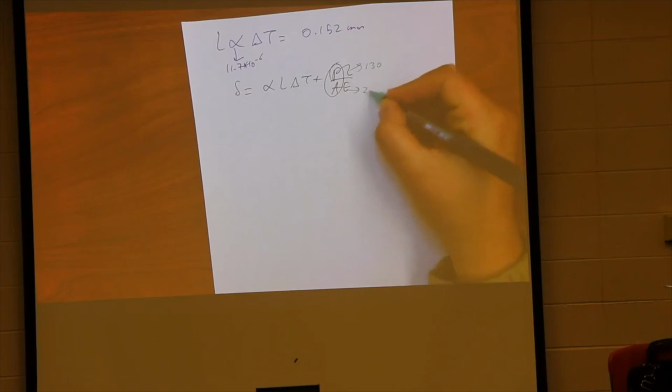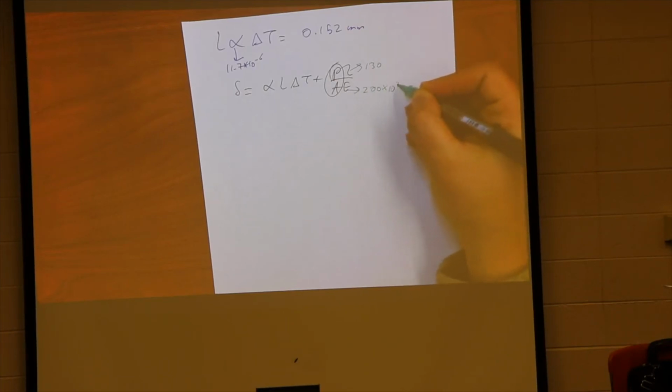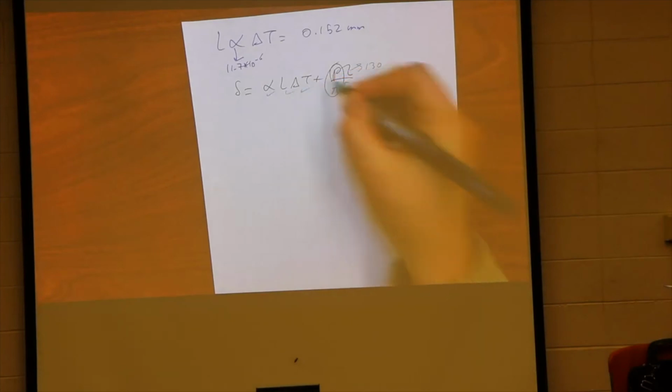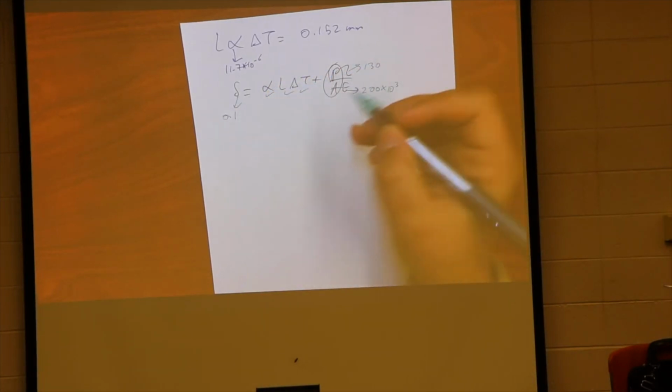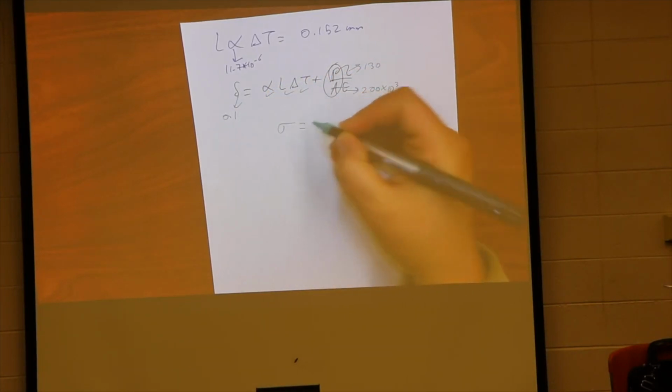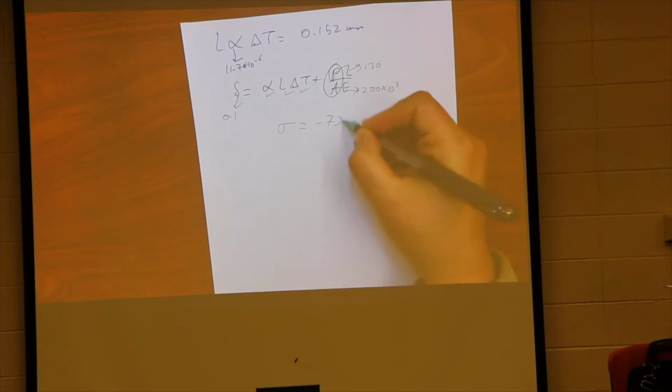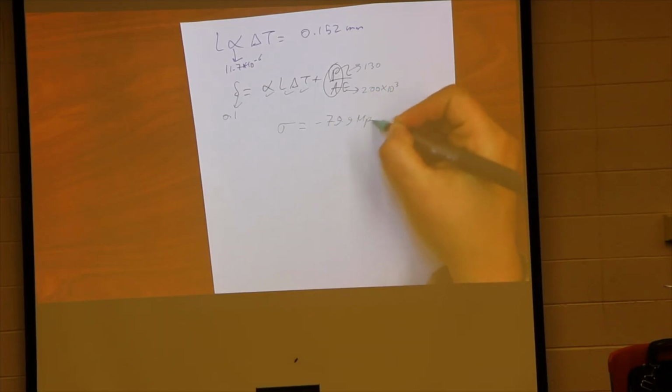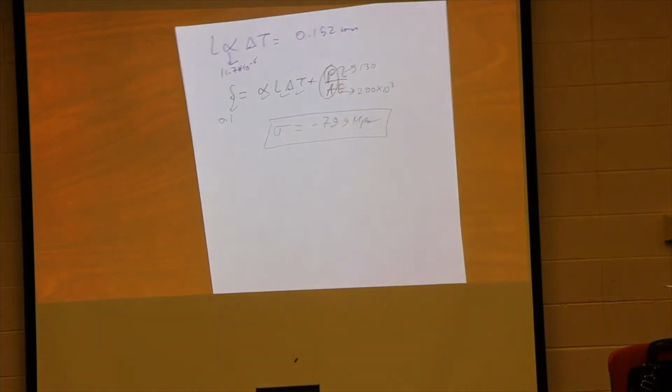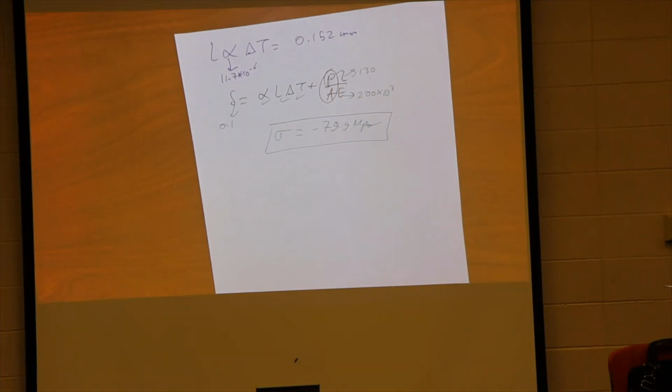E is 200 times 10 to the power 3 to make it megapascal. Substitute with this 0.1 millimeter. You're going to get sigma equal negative 79.9 megapascal. So your answer is actually C. The stress is 80 megapascal.